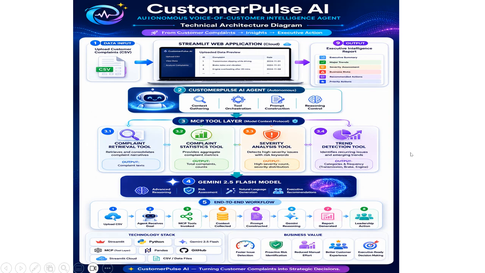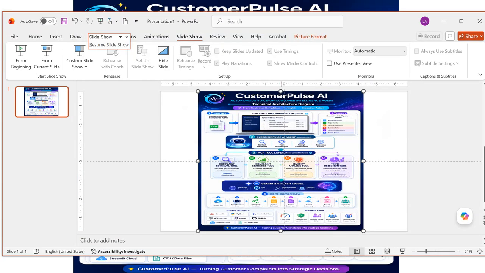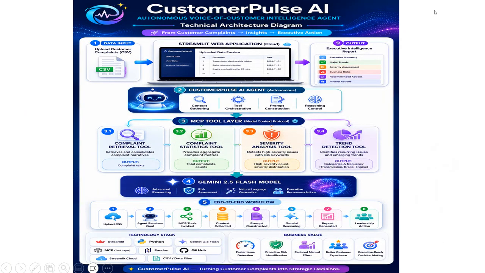For example, you probably want the emotion analysis of the complaints, and also other analyses, like what are the main products that are receiving complaints, and all these will be combined with the MCP tool to send this to the Gemini 2.5 Flash model.